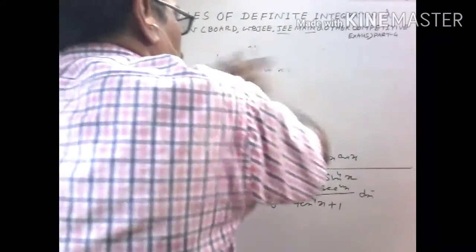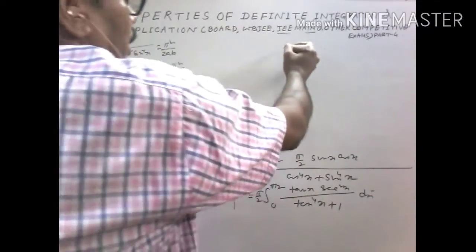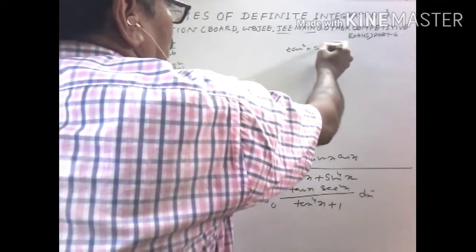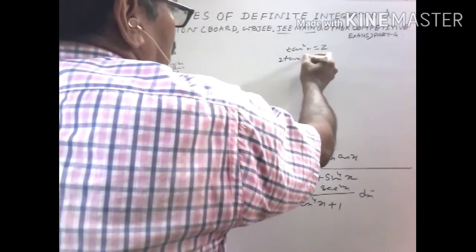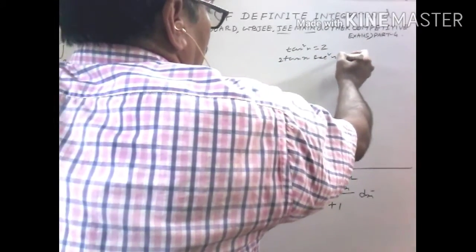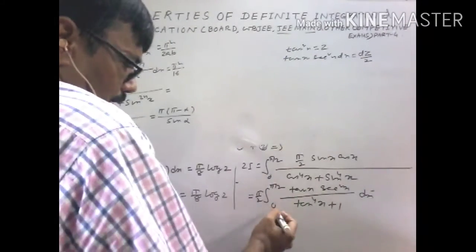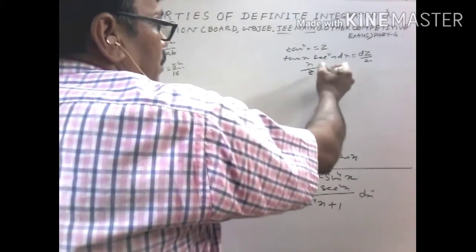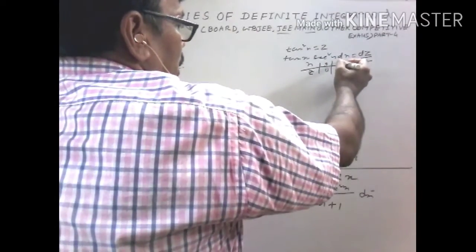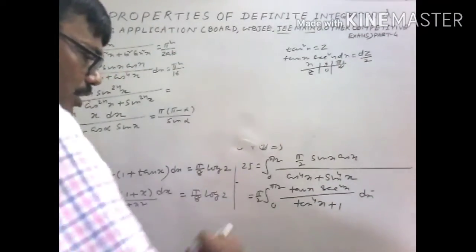So put the transformation tan square x equals to z, because we directly get 2 tan x sec square x dx equals to dz, and change of limits: x and z, if it is 0 then it is 0, if it is pi by 2 then infinity.